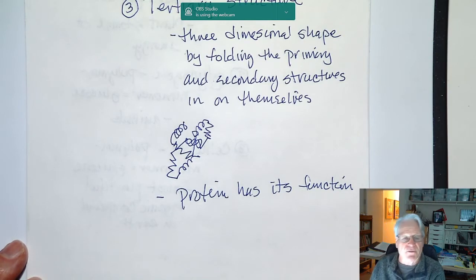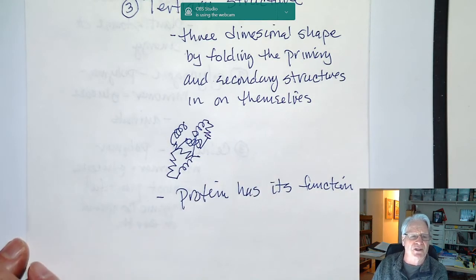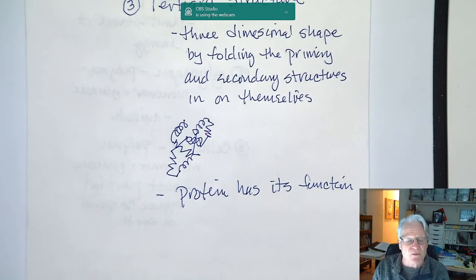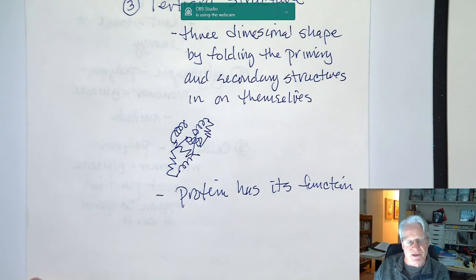Okay. So the first two layers are setting the stage, and then the third layer, as we fold all of this together to create a three-dimensional shape, provides the actual function. Is it an enzyme? Is it transporting oxygen? Is it a molecule of hemoglobin? That function comes out of this three-dimensional shape.